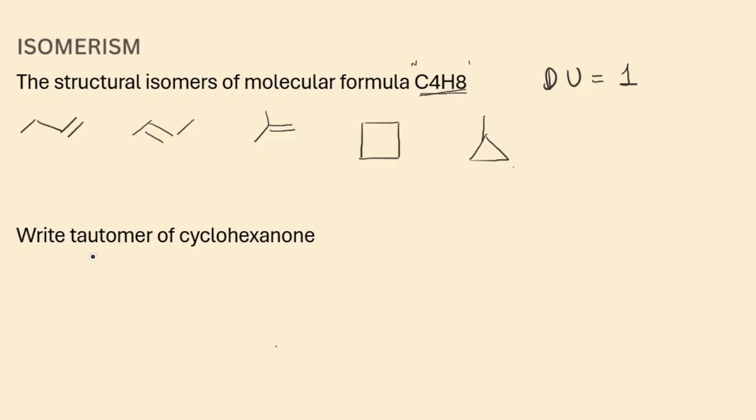The next question. Write the tautomer of cyclohexanone. If you know the structure of cyclohexanone, it's easy now. Otherwise, it becomes impossible, right? Now, cyclohexanone is this. What I told you, just mark X and then Y. Either you take Z here or here because it's a symmetrical molecule. It will not make any difference. Then what you have to do?